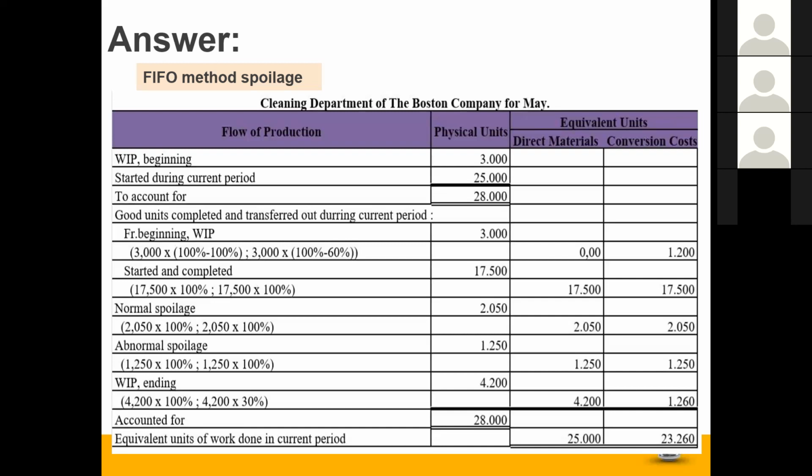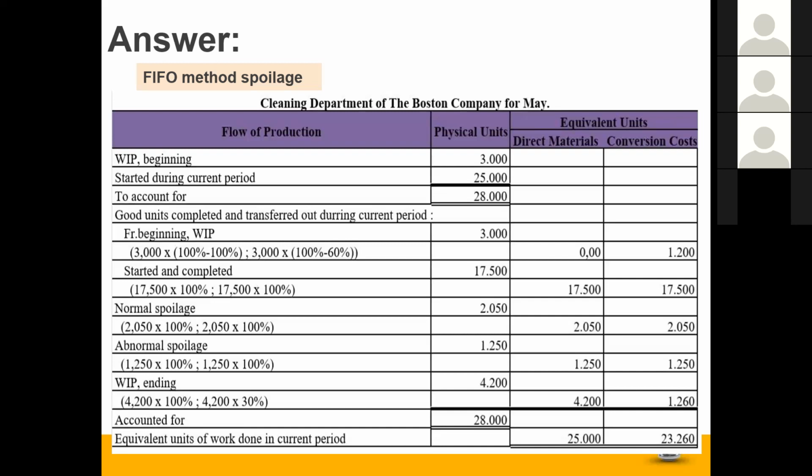And on the equivalent units, direct materials and conversion cost are the same, 17,500. And then there's normal spoilage. Physical units is 2,050, and direct material and conversion cost are the same. And there's abnormal spoilage. The physical units is 1,250, and direct material and conversion cost are the same as the physical units.